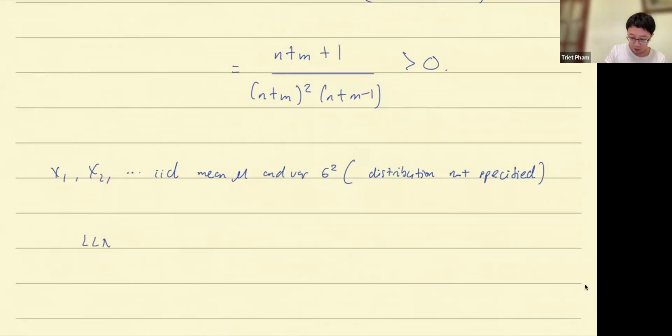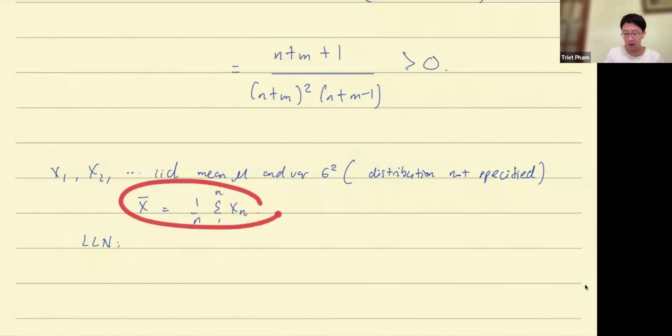Then the law of large numbers says: let's define x bar, which is the sample mean, the sample average. There are different ways to look at the law of large numbers and the central limit theorem. One way, the statistical way, is to see that they give you the behavior of x bar in general as n goes to infinity.